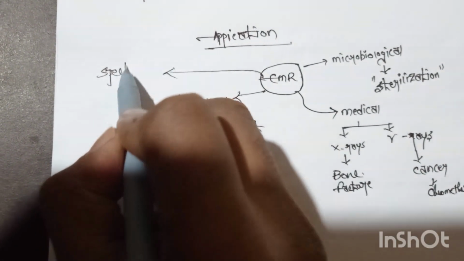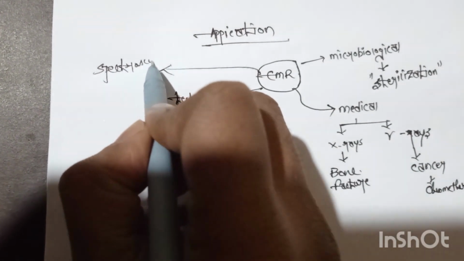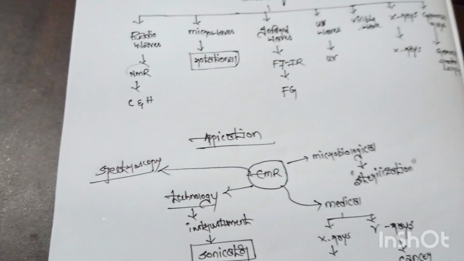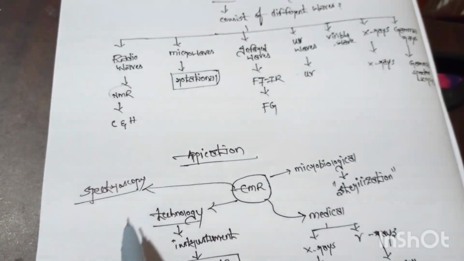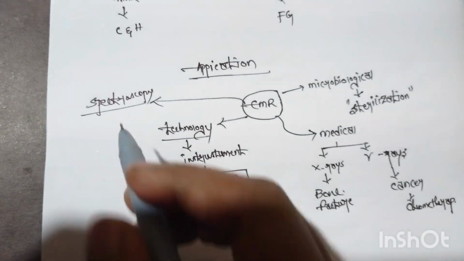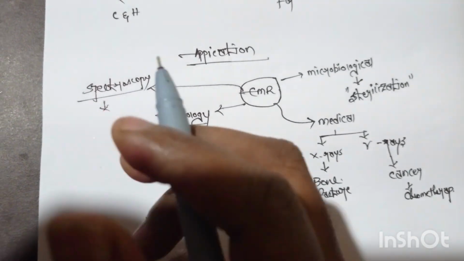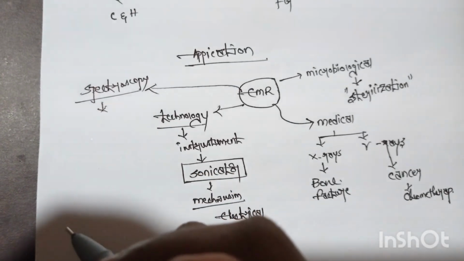In spectroscopy, generally, whatever we have studied from the beginning is involved in spectroscopy only. Spectroscopy means whenever electromagnetic radiation interacts with matter.